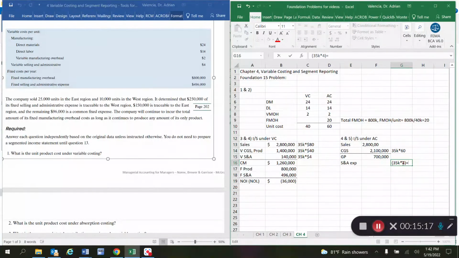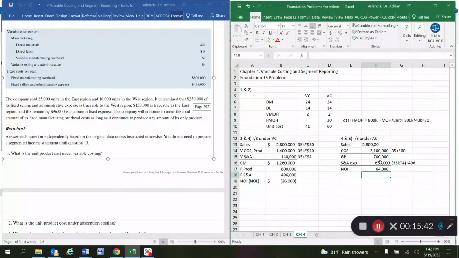Plus the fixed component. So we got to include that fixed component of 496. That's the selling and administrative expenses. So when we sum that up, that gives us $636,000. And that means our net operating income here is positive. So that's going to be 700 minus 636.